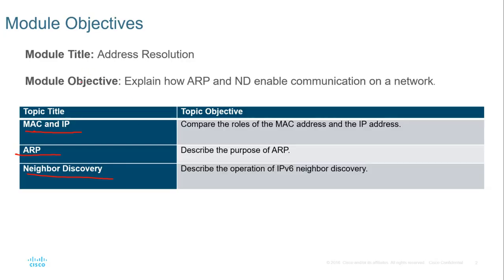The main objective of this module is to explain how ARP for IPv4, and then neighbor discovery for IPv6, enable communication on a network.